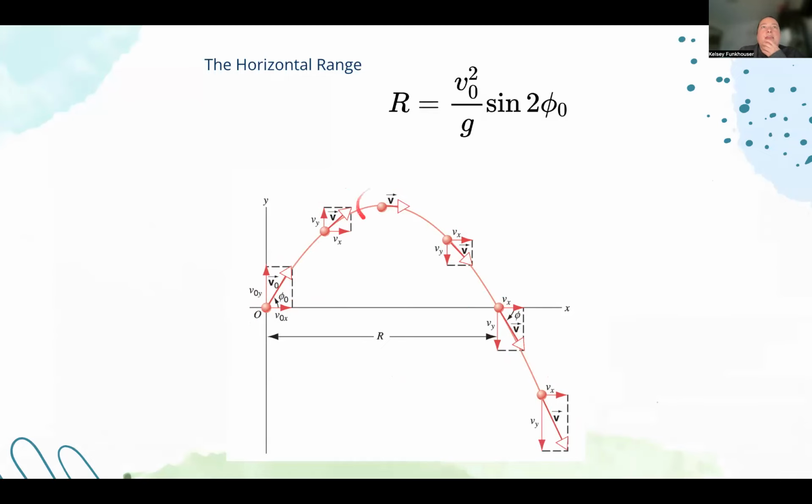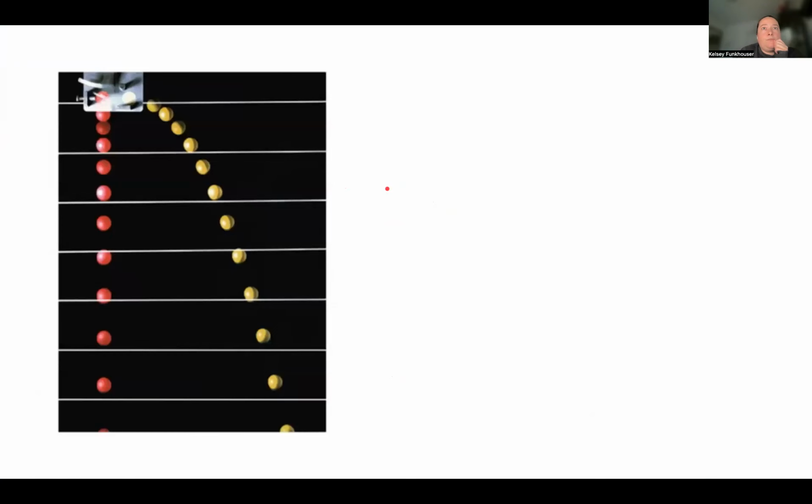And you also see here that the y velocity is 0 at the peak of the motion. And I think we're going to use that in this example problem that we're about to do.